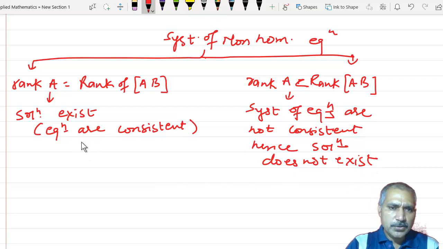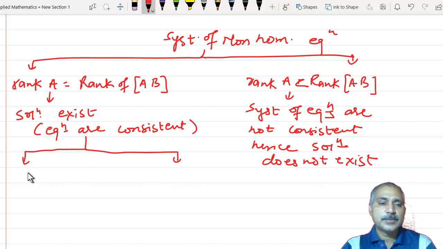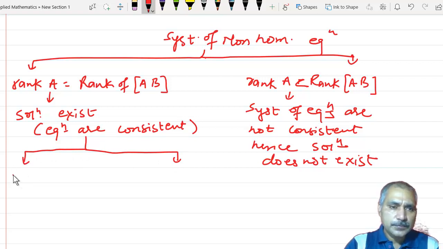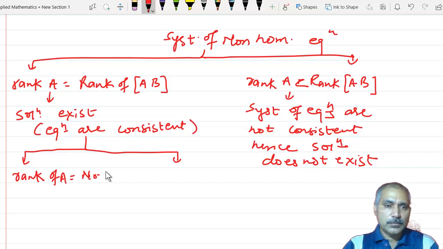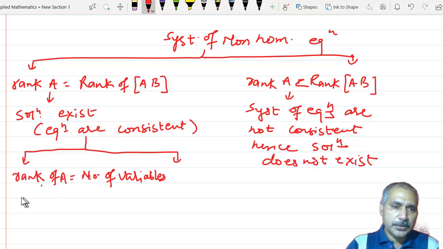Now when it comes to this, it is again divided into two parts. Here rank of A is equal to the number of variables. In this case, there will be a unique solution.